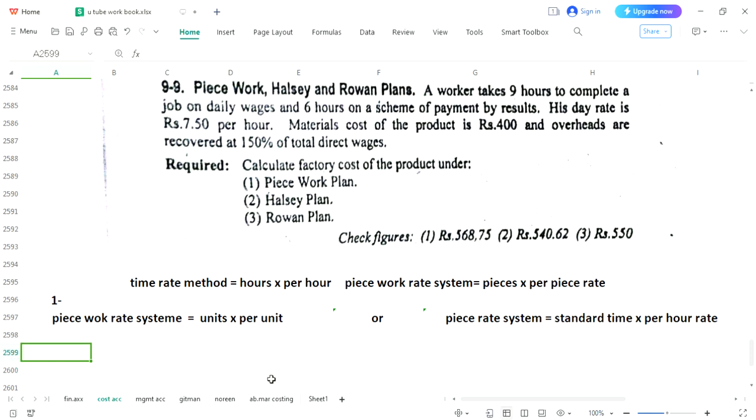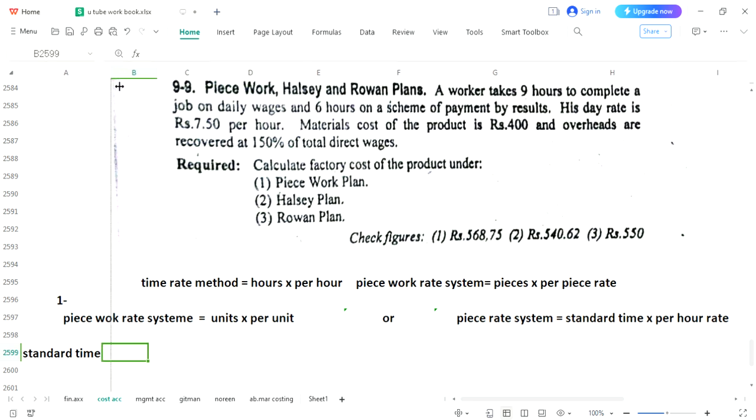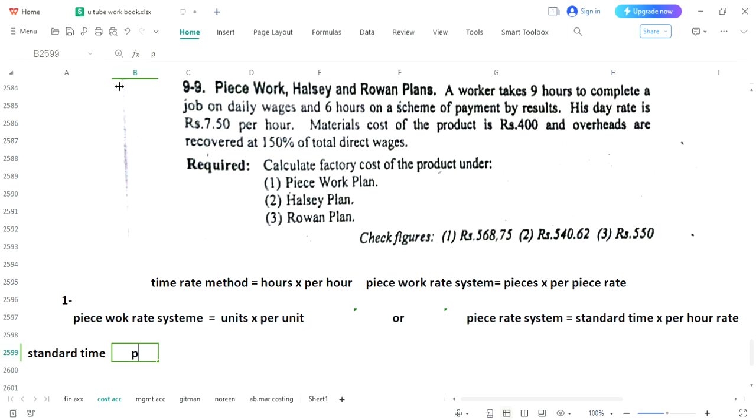All right, so here we will write our standard time. This is our first thing to be introduced. Then you need to have per hour rate, which would be given in your question as well.